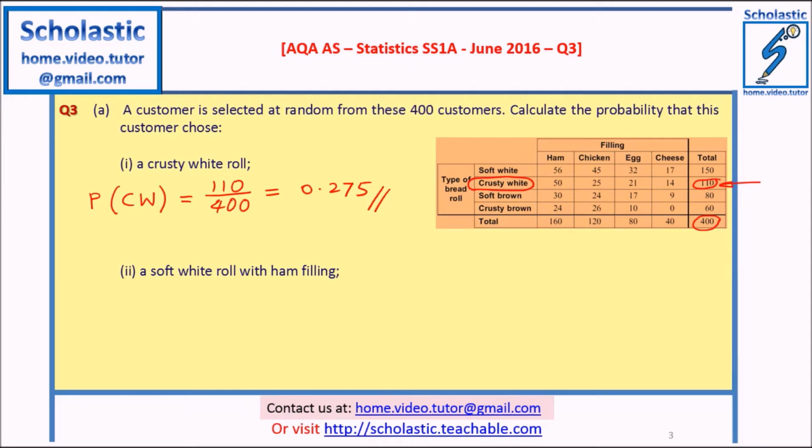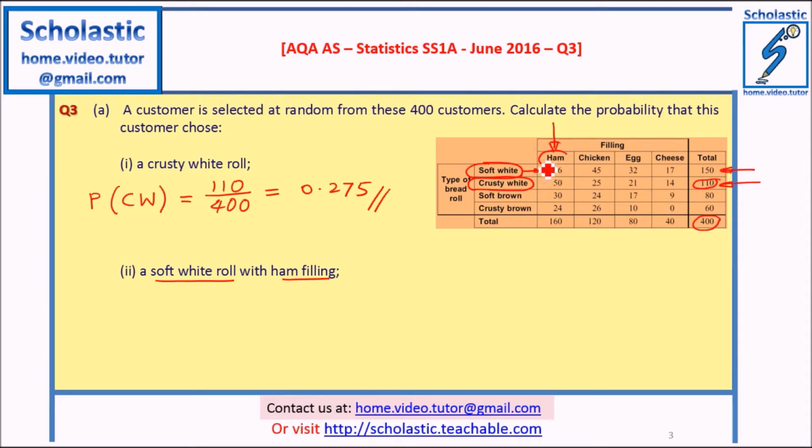Part 2, a soft white roll with ham filling. Calculate the probability that this customer chose a soft white roll with ham filling. So again we go to the table, soft white roll is in this row, but we need to find the ham filling. So ham filling is in this column.